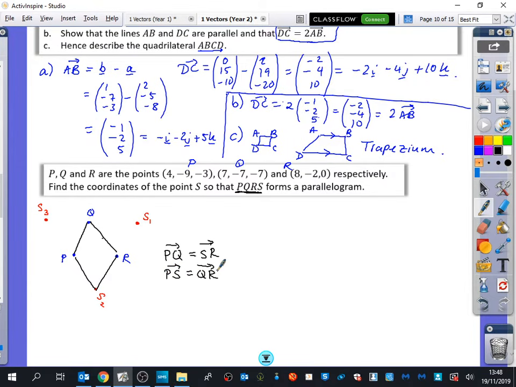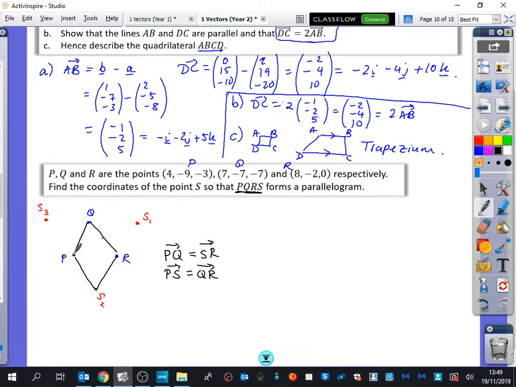Okay, so we're trying to get to S. If I wanted to get to S, I could find out what QR is, knowing that QR is the same as PS.